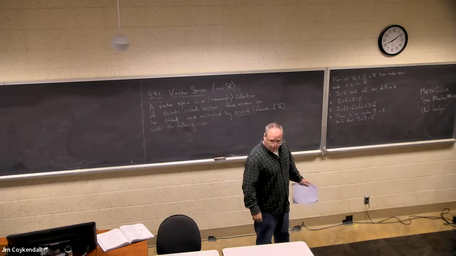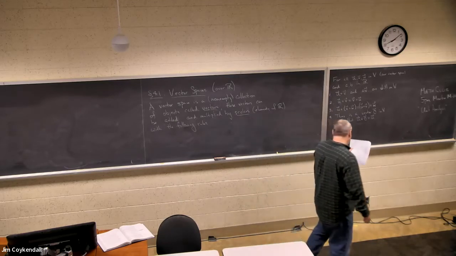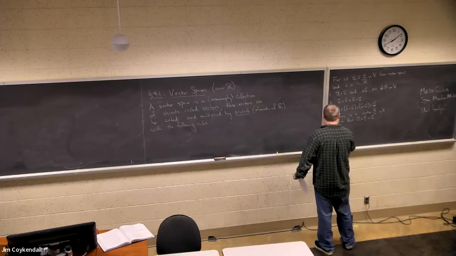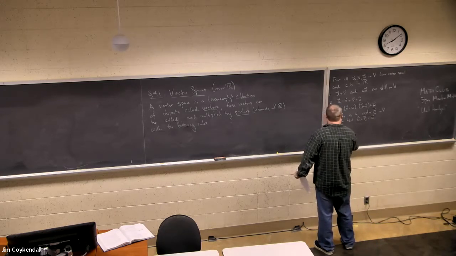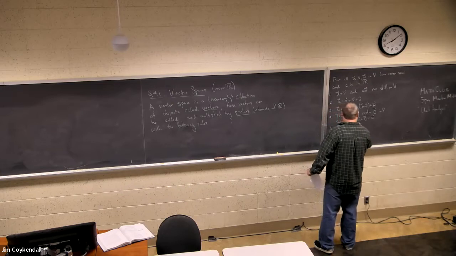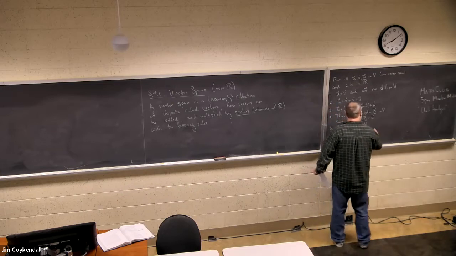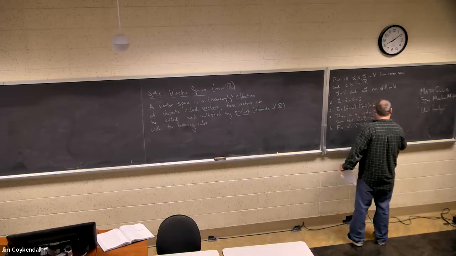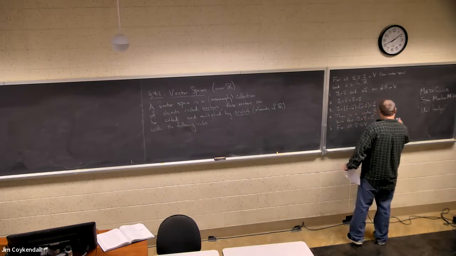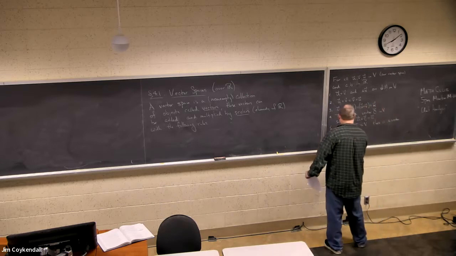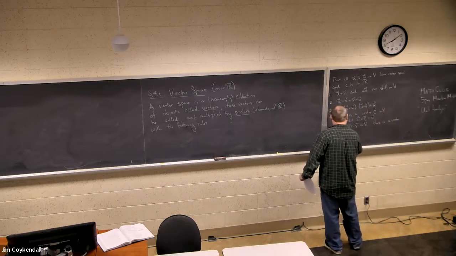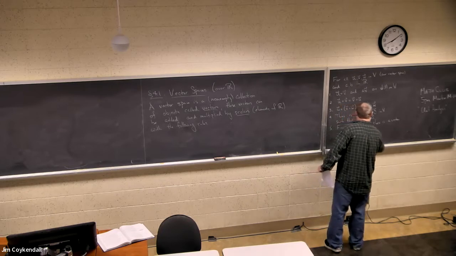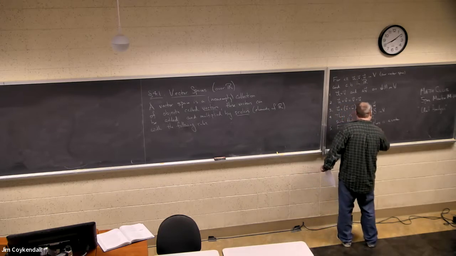So there's a magic 0 vector that when added to anything, doesn't change it. Number 5, for all v in the vector space, there is a magic vector, which I will call negative v, such that v plus negative v equals 0.